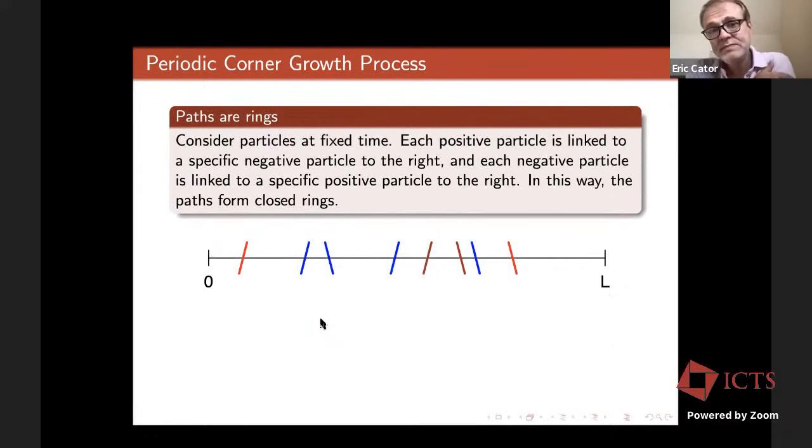Now, when you look at a fixed time, then you can make the following observation. Suppose you have this positive particle here, so it moves to the right, it will encounter one of the negative particles at some stage. It might encounter a new pair of particles created by the Poisson process, but then that negative particle cancels, and then there's a new positive particle, and that's still linked to the particle we started with.